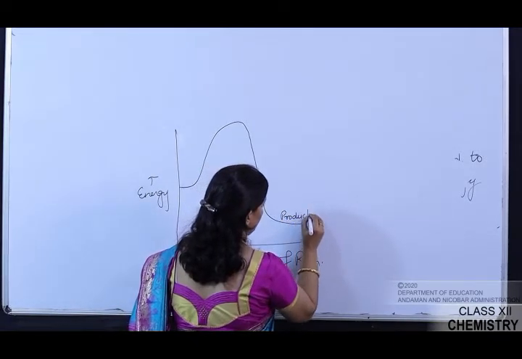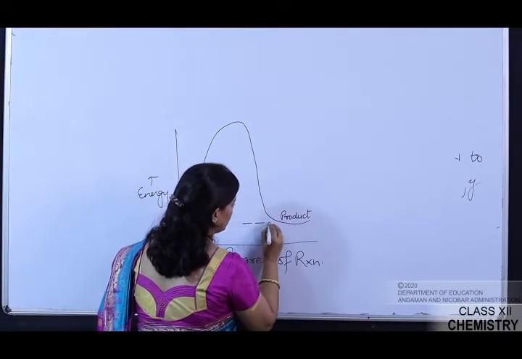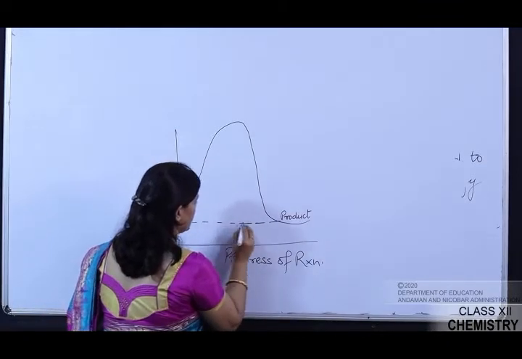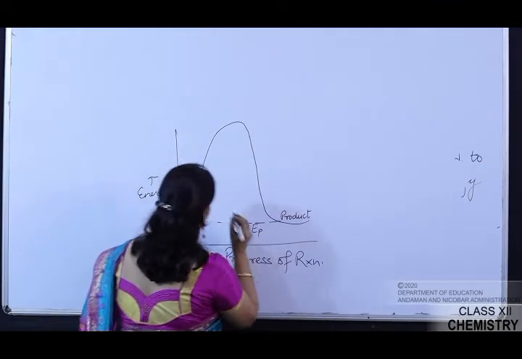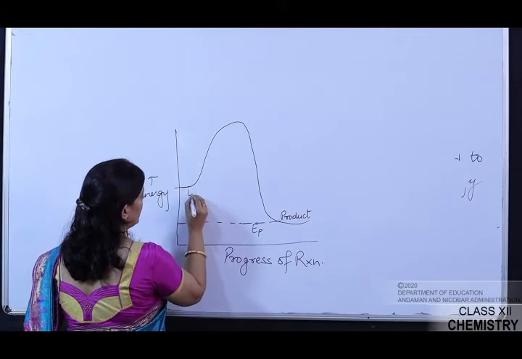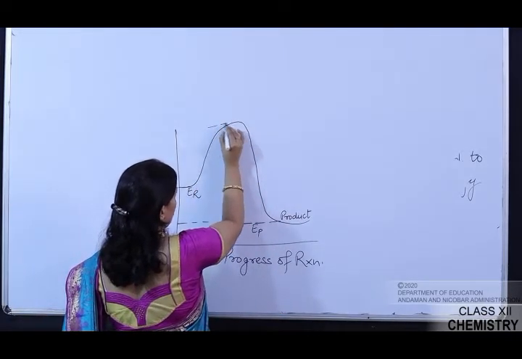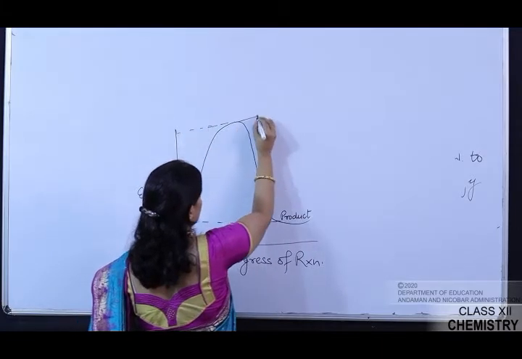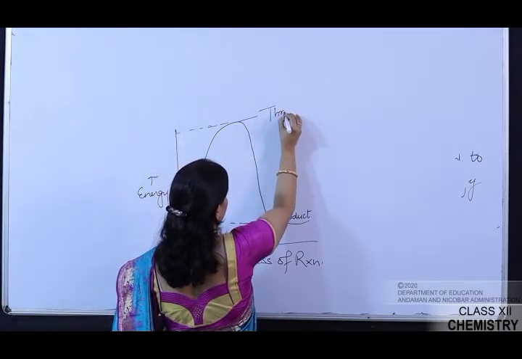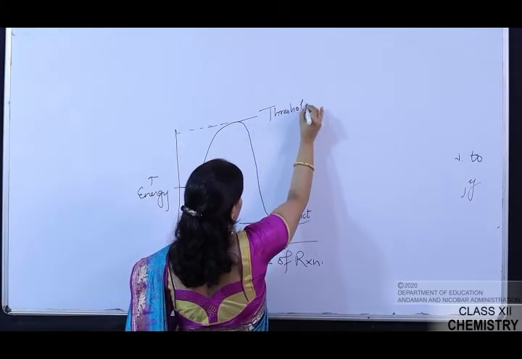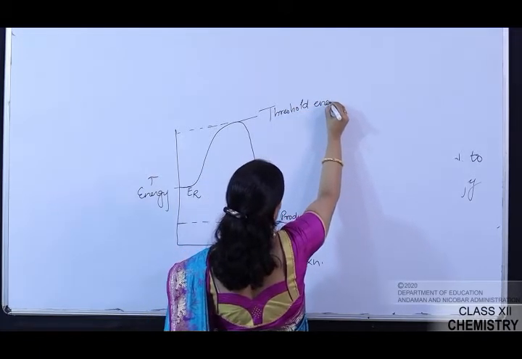Here the product is formed and the energy corresponding to this is named as the product energy EP, and the energy corresponding to the reactant is ER, and the energy corresponding to this is named as the threshold energy barrier.